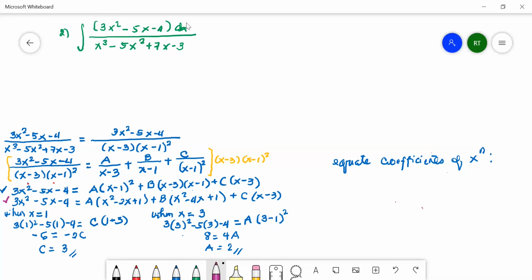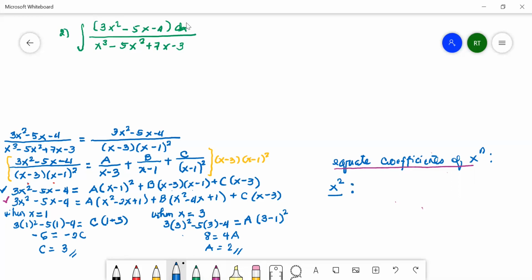We normally start with the highest power of x. If we look at the equation, the highest power of x is x squared. So in equating coefficients of x to the n, we can start with the coefficients of x squared.